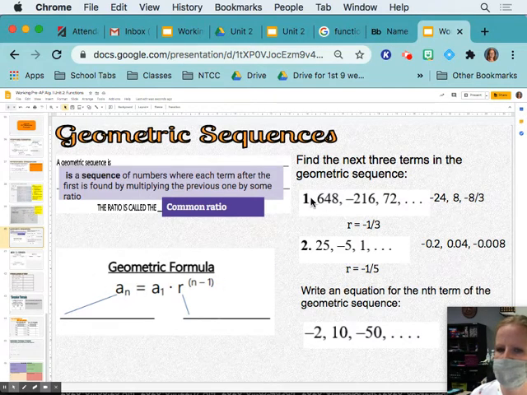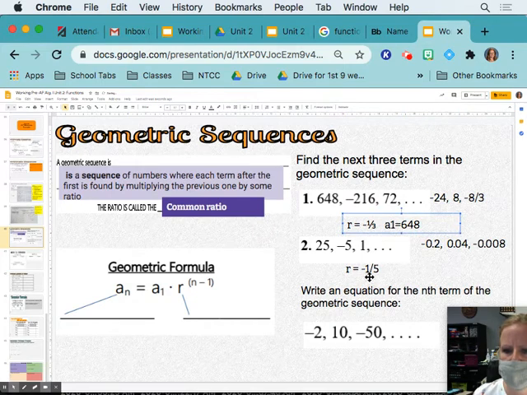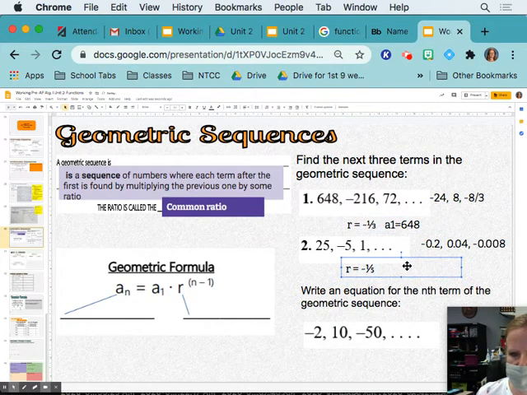And our A1 on these is the first term, 648. Let's also write what that is. A1 equals 648. And here, A1 equals 25.